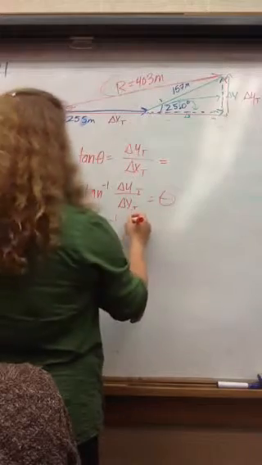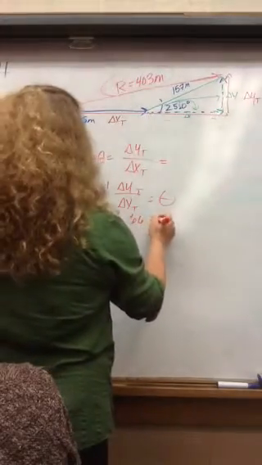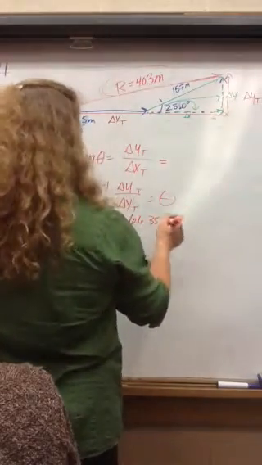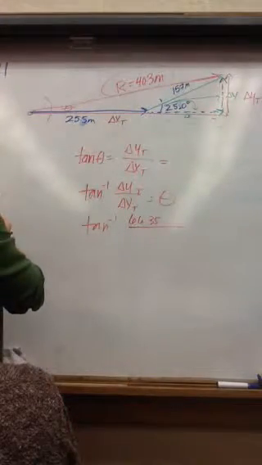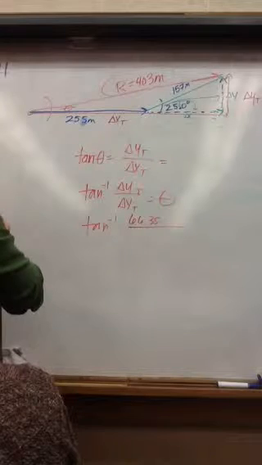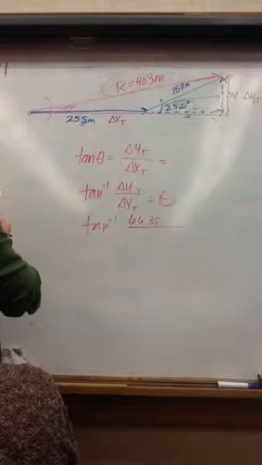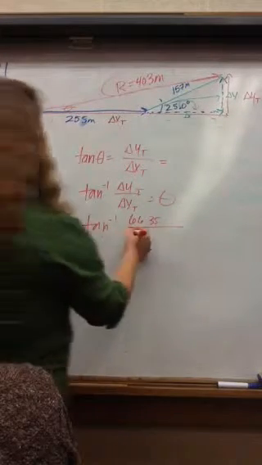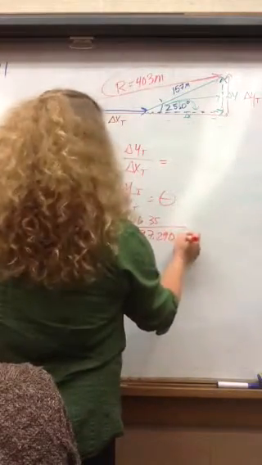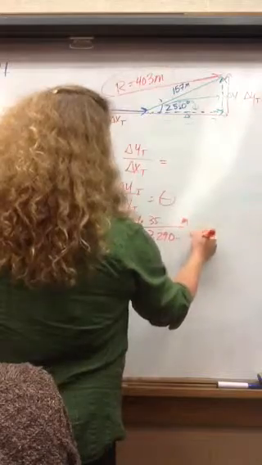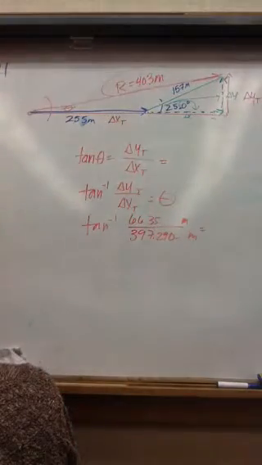Tan minus 1 of 66.35, etc., over our sum of our other two, 397.290, etc., will give us theta.